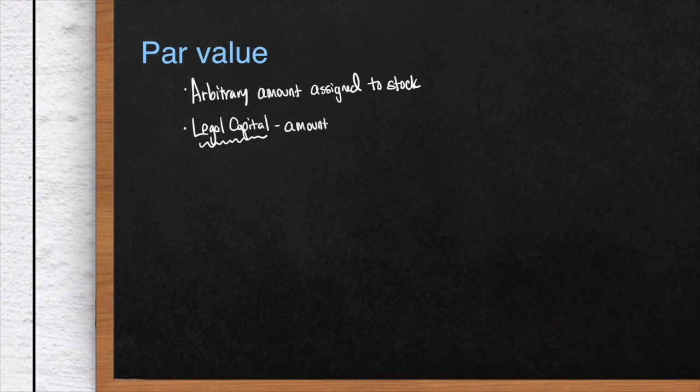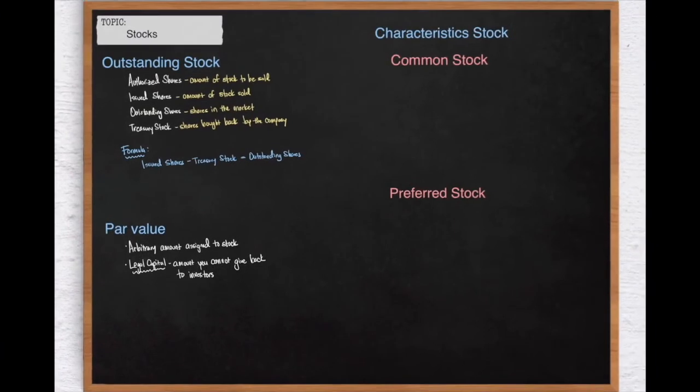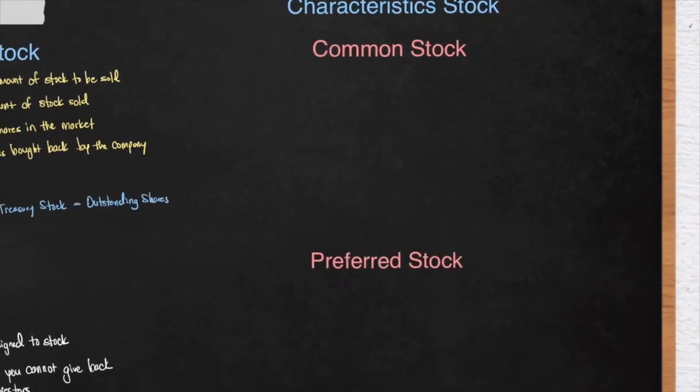What I'm saying is, let's say investors give a company money by buying stock. The company cannot turn around and give that investor back all that money or more. It's called legal capital because it protects creditors. Creditors are who the company owes interest and principal amounts to. It protects them from the company giving too much money back to the shareholders.